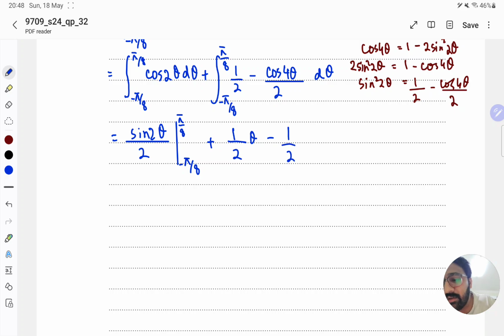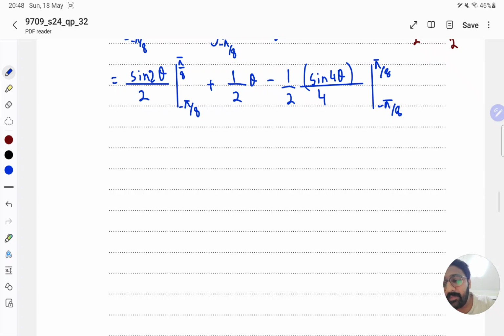The integration of cos 4 theta will become sine 4 theta divided by the differentiation of the angle, which is 4, and then I'll apply the limits pi by 8 to minus pi by 8. Now I'll apply the upper limit first in all of it and then the lower limit.